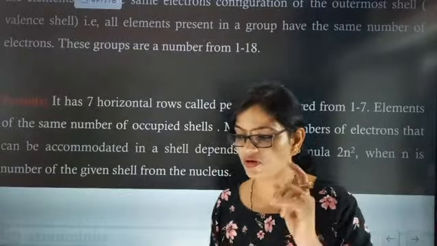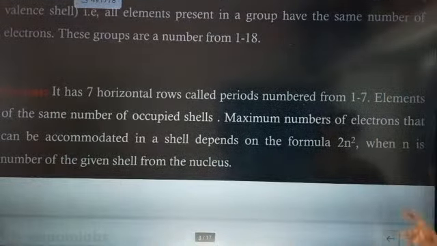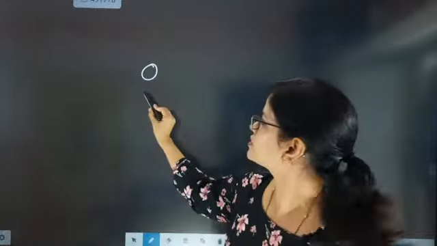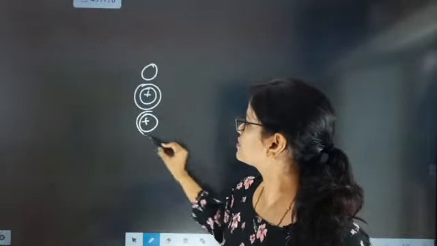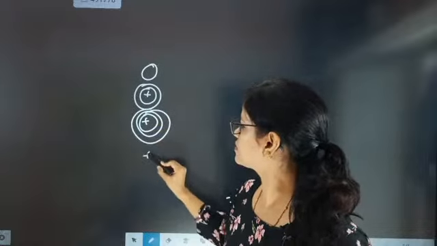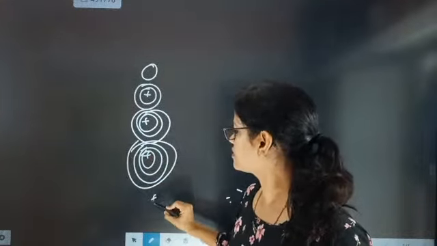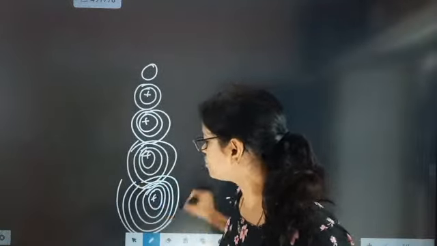If you are not able to recollect, I am going to recollect this part. Filling of electrons is a different thing, but always remember, in a group, you see one very massive thing, you should not skip.